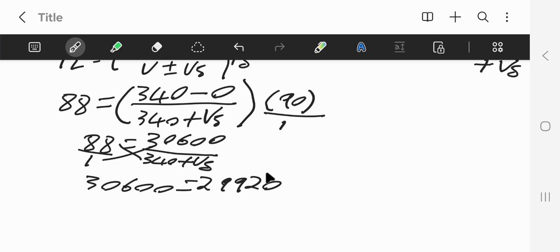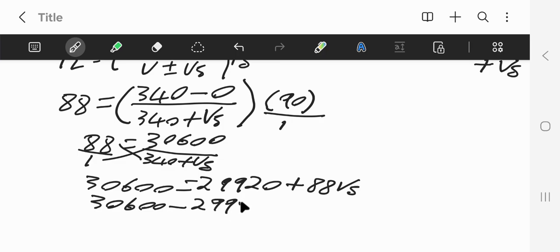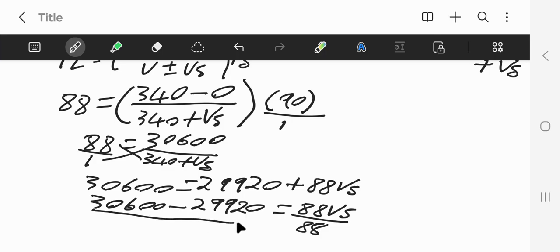Then 88 times Vs will be positive 88 Vs, and then we transpose this 29,920 to the other side, so it's going to be 30,600 minus 29,920 is equal to 88 Vs, and then we divide by the coefficient of Vs on both sides, which is 88.